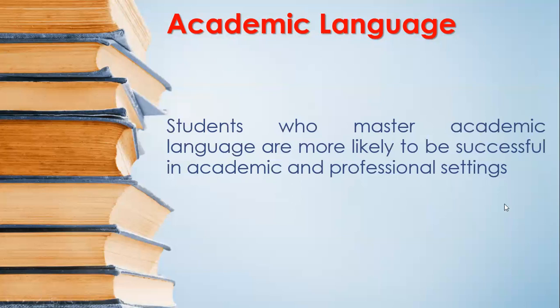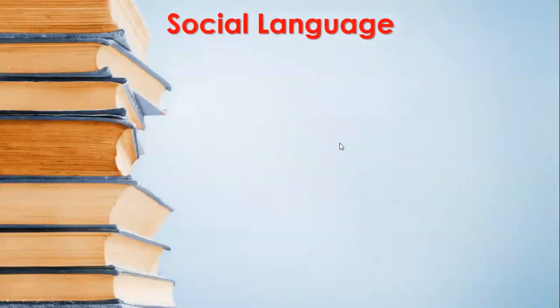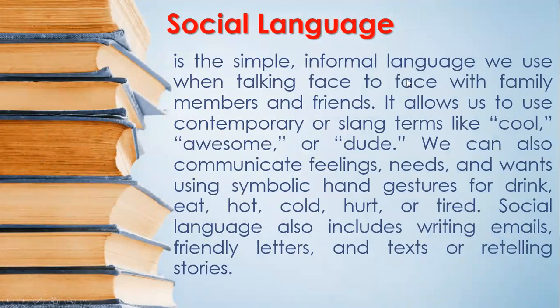So now let us look at the differences between academic language and social language. Social language is the simple informal language we use when talking face to face with family members and friends.